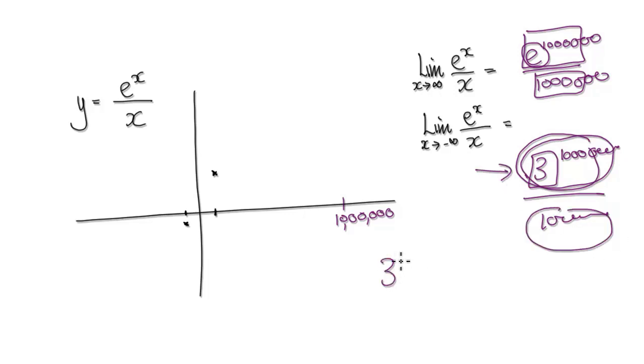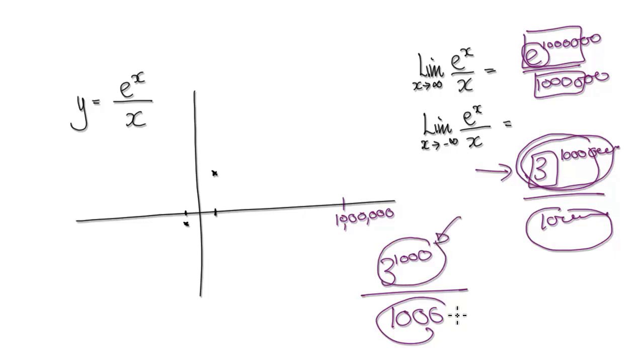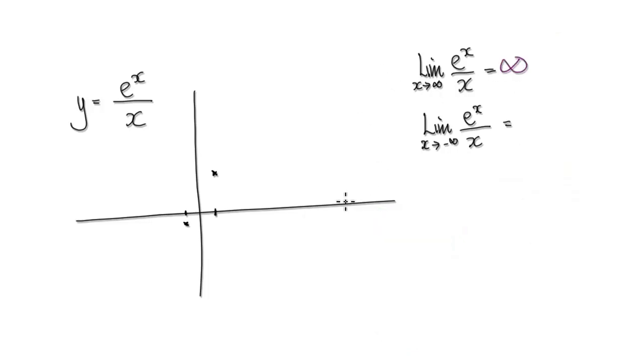For example, 3 to the power of 1000 would be bigger than the number 1000 itself. So if the numerator is so much bigger than the denominator, you know it's going to head towards infinity. So the limit here is actually infinity. It's going to get bigger and bigger and bigger, so it's heading upwards.